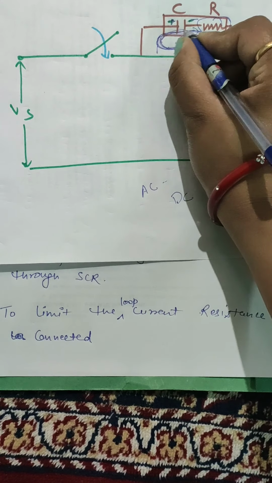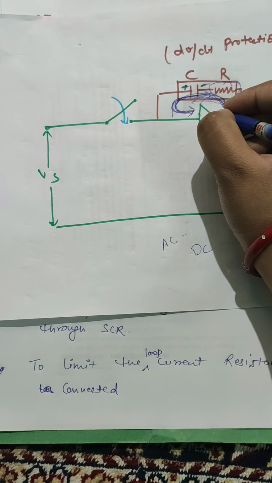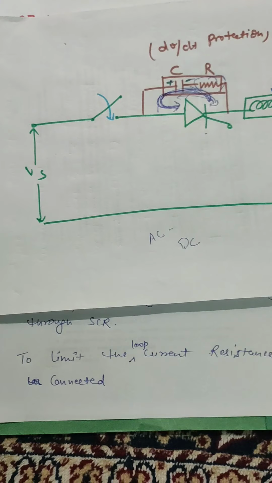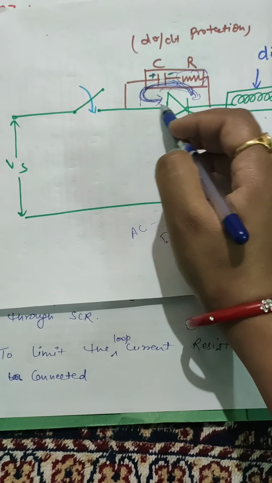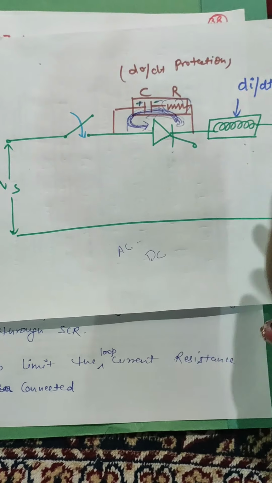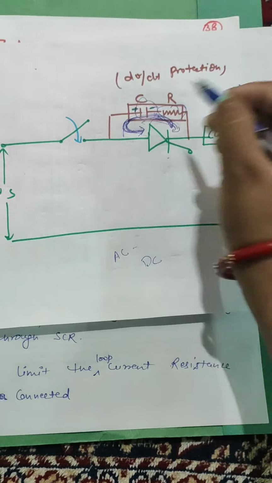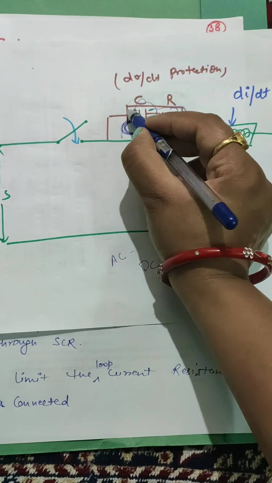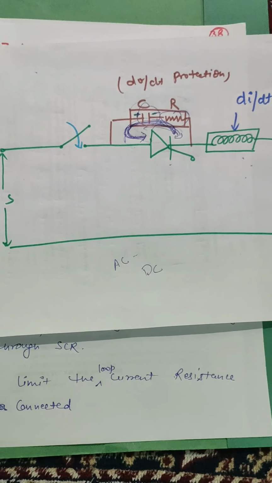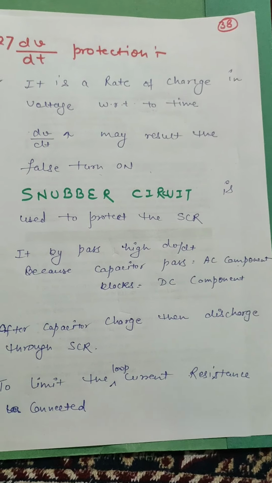If resistance is not connected, this loop current will not be limited. So to limit this loop current, resistance is connected, and to bypass the high dv by dt, capacitor is connected. So this combination of resistance and capacitor is called snubber circuit.